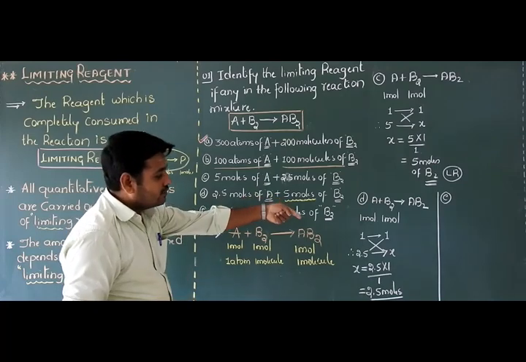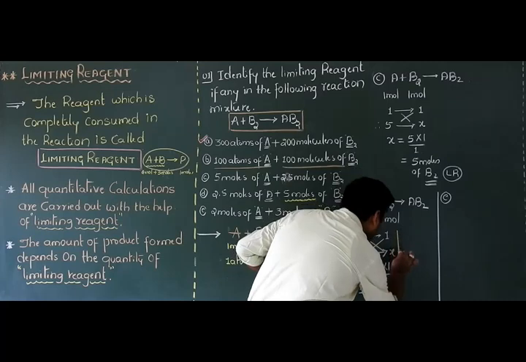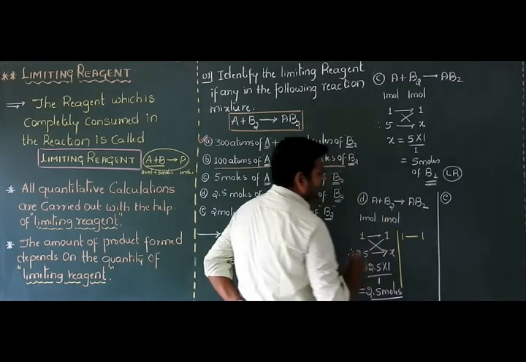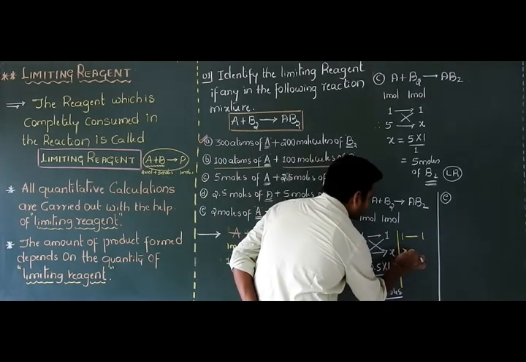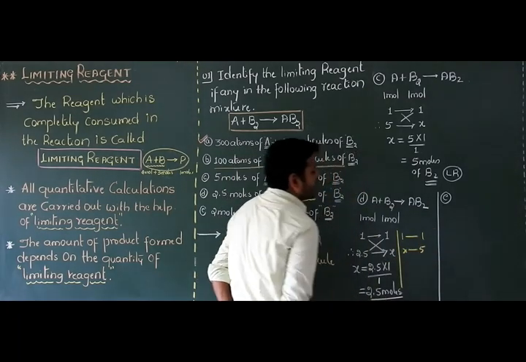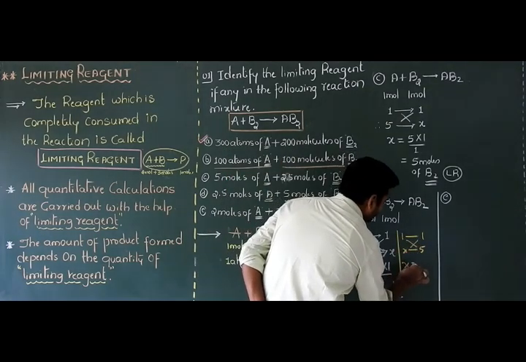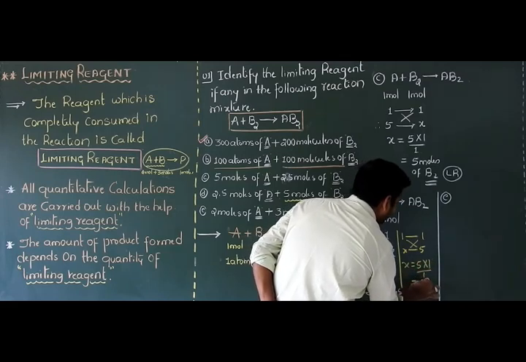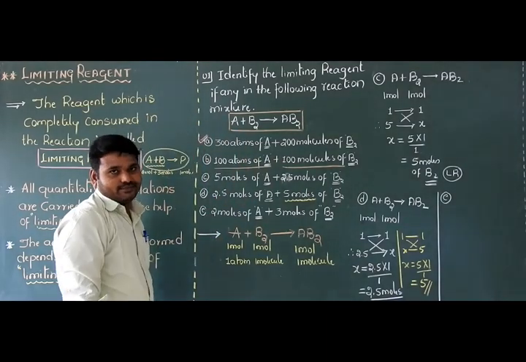A is called the limiting reagent, students. Right? Look, here I calculated B by taking A. Or if I take B and calculate A, then 1 mole of reactant A combines with 1 mole of reactant B, so therefore x moles of reactant A combines with 5 moles of reactant B. Cross multiply. X equals 5 into 1 divided by 1. How many moles of reactant A are required? 5 moles are required.